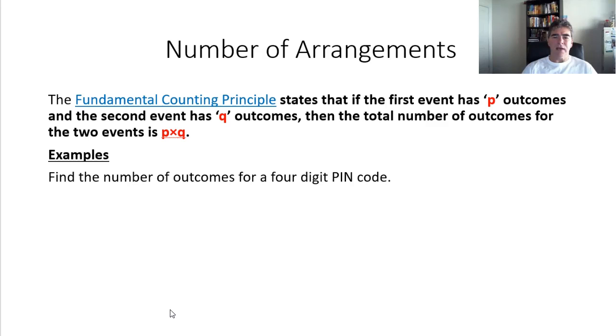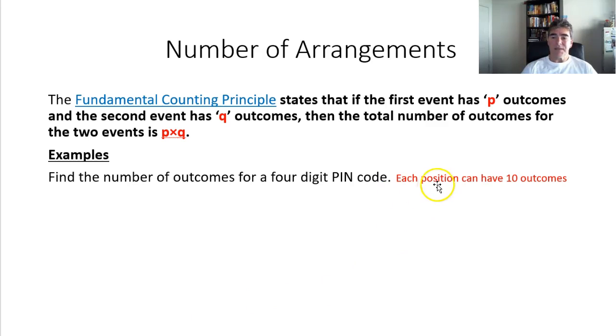Alright, so let's have a look at something that might be a little bit more familiar to you. Let's find the number of outcomes for a 4-digit PIN code, so your personal identification number. So when you go to your ATM or whatever you're using on your phone to unlock your phone, we're going to have a look at how many possibilities there are if it is a 4-digit code.